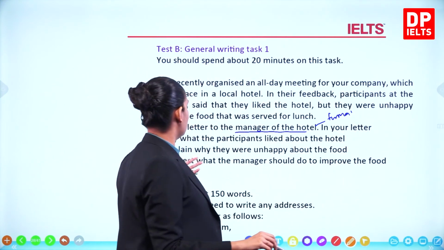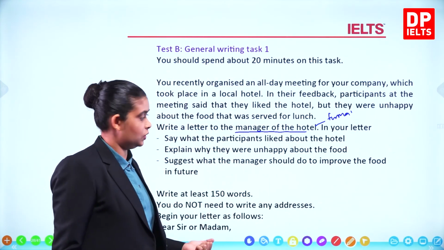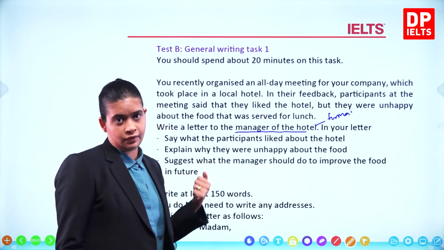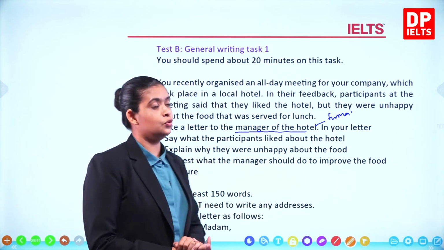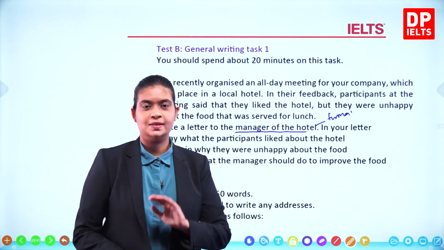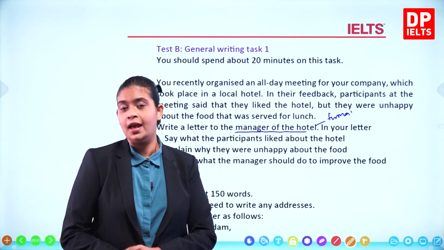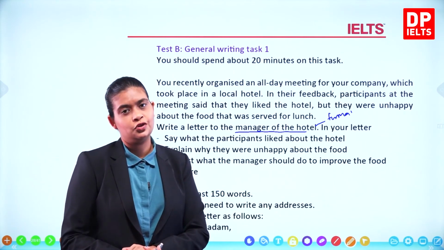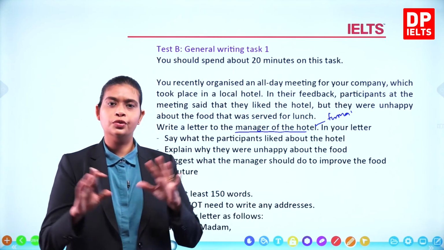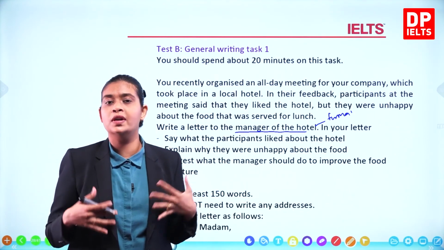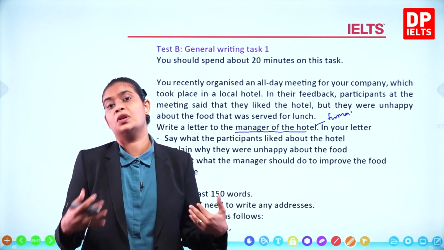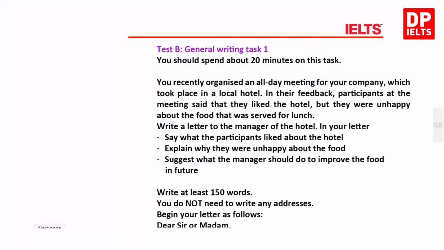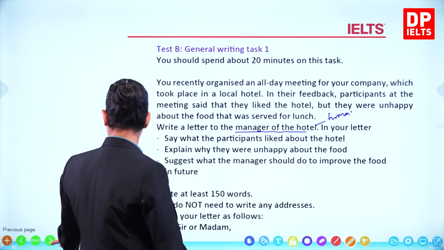In that, you need to say what the participants liked about the hotel, explain why they were unhappy about the food, and suggest what the manager should do to improve the food. So take 20 minutes and write down, and we're going to have a look at a student's sample and answer to critique about it. You could always look at it and think, okay, what are the positives, what are the negatives, or what are the areas for improvement in that student's answer. Off you go.